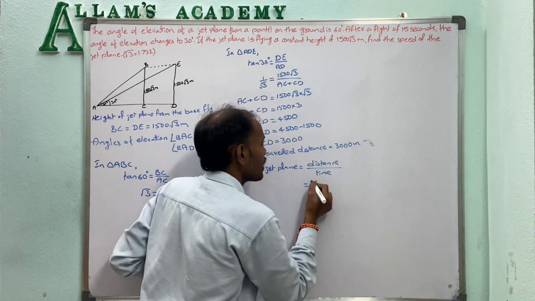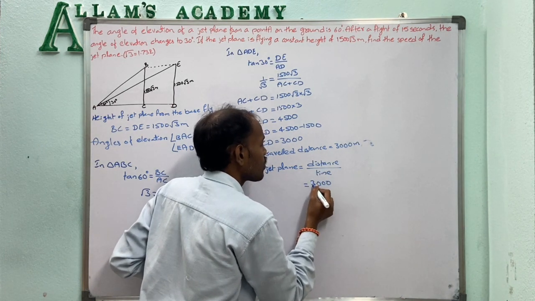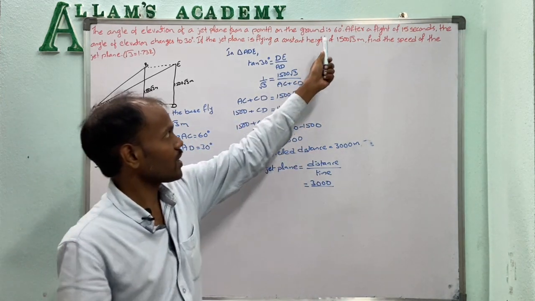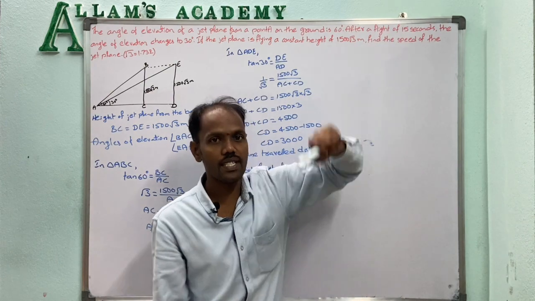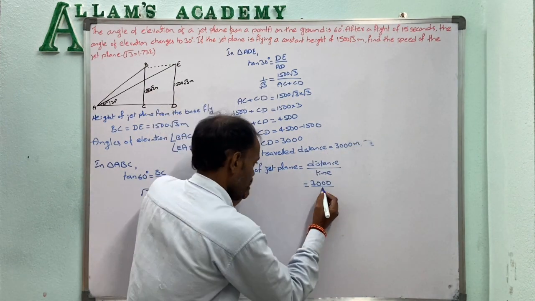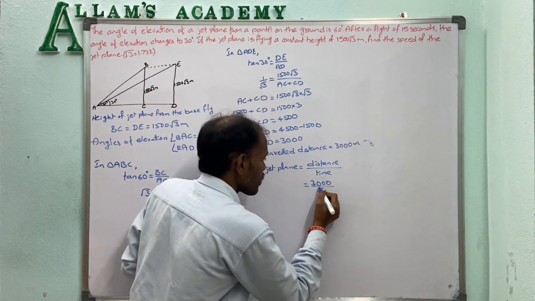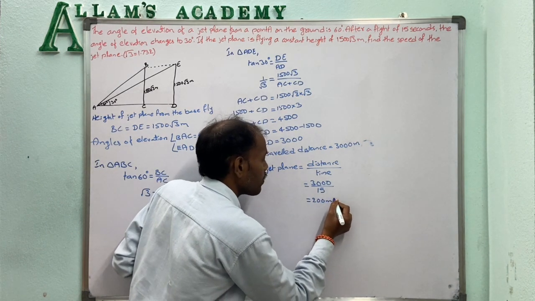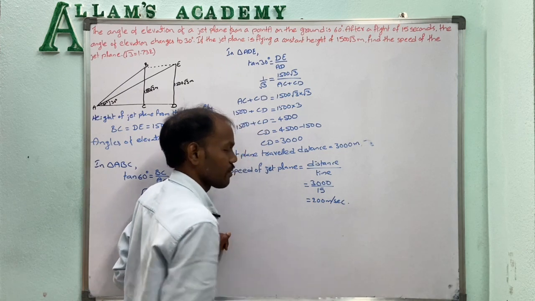Here it traveled a distance of 3000 meters and the time given is 15 seconds. So 3000 by 15 is 200 meters per second.